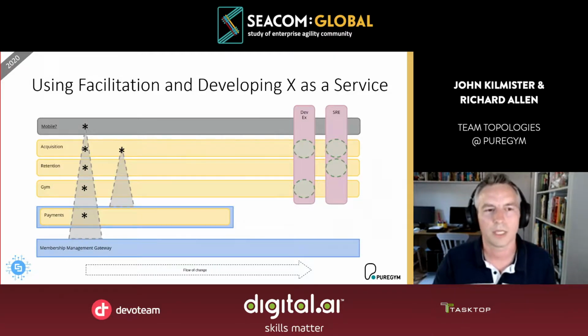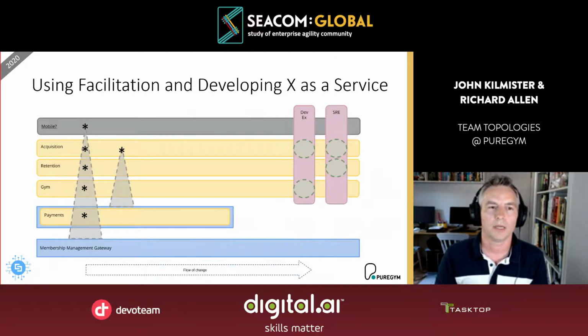We can also see here that the DevX and SRE teams were facilitating at this particular point in time the acquisition and gym teams, and the SRE teams were helping those particular teams with their CI/CD pipelines, infrastructure as code types of implementation.